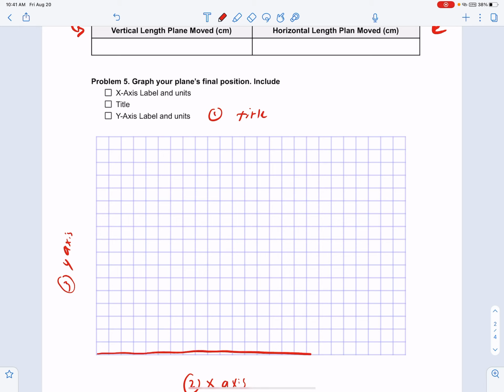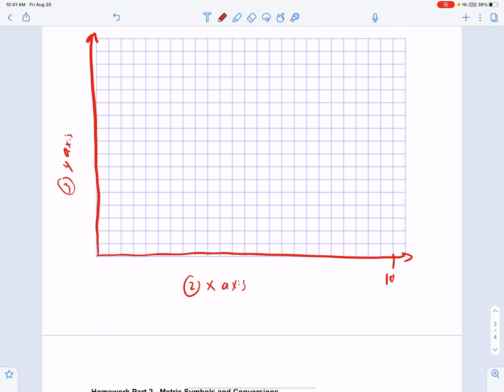For the x-axis, this is going to be our horizontal distance. This will be our vertical distance over here. We'll say 1,000 centimeters, and then half of that, 500 centimeters, half of that, 250 centimeters, half of that up here, 750, and you do the same thing on the side.